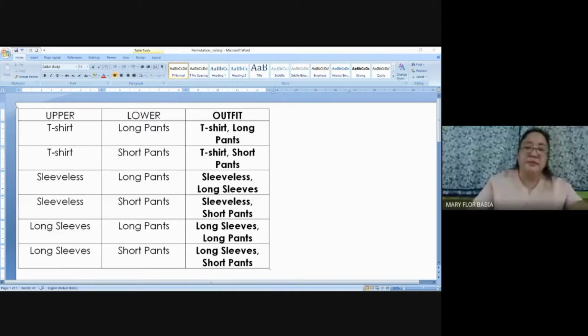Very good. Thank you very much for the sharing, Akia, Adli, and Daphne. In the example of Adli, where he paired the upper one to the lower one in a diagram, that's what we call the tree diagram.